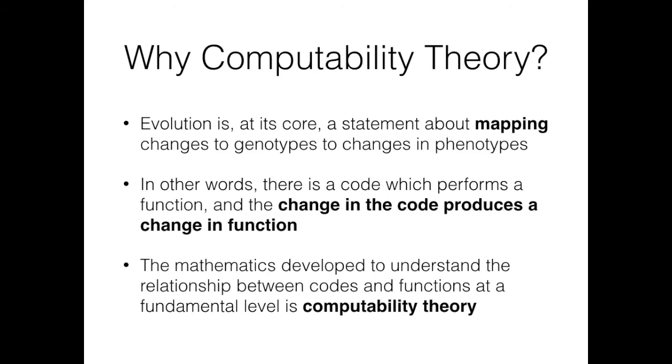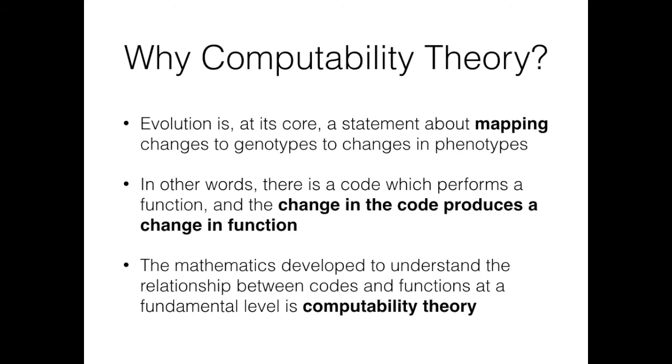In other words, there is a code which performs a function, and changing that code produces a change in function. And there is a well-studied area of mathematics that deals with the way that changes in codes produce changes in functions, and that is computability theory.